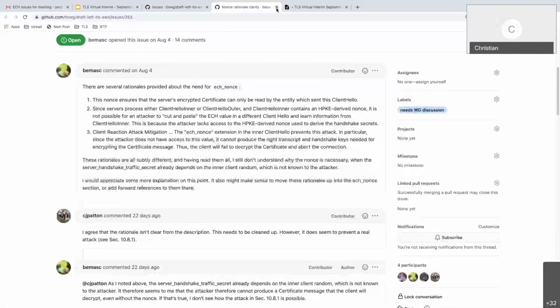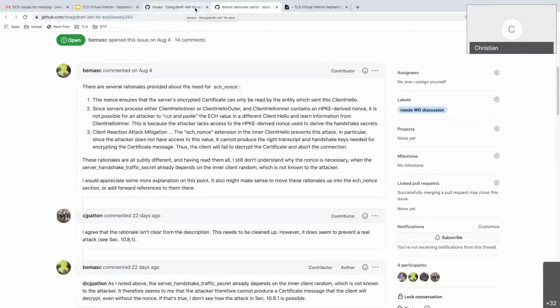The attack is, suppose a man in the middle observes the client hello, forwards it to the server, receives the server's hello, blocks it, and creates its own response as if he was a server responding to the outer initial client hello, but does copy the first 8 bytes of the server hello random into its own server hello random.